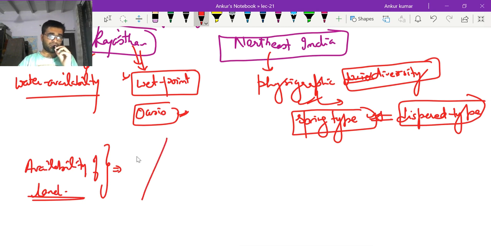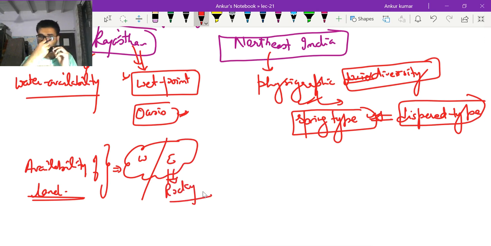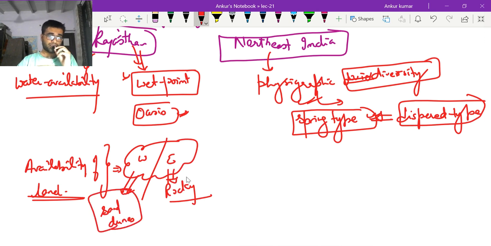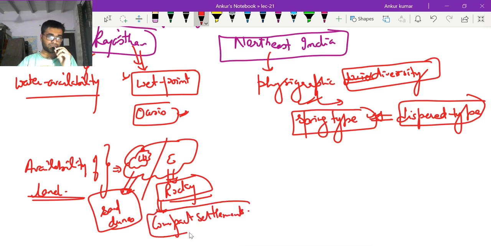When you divide Rajasthan in two parts, eastern Rajasthan is mostly rocky, and western Rajasthan is basically made of desert and sand dunes. So in the rocky part there is a possibility of making compact settlements, but in western Rajasthan there is very little possibility of making compact settlements. Because of land availability in eastern Rajasthan, compact settlements are formed wherever suitable land is found.